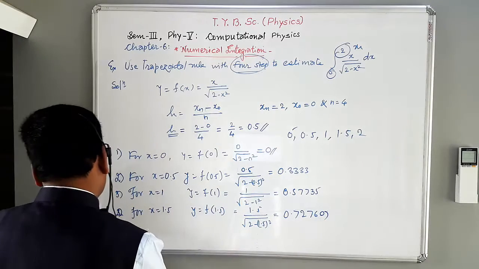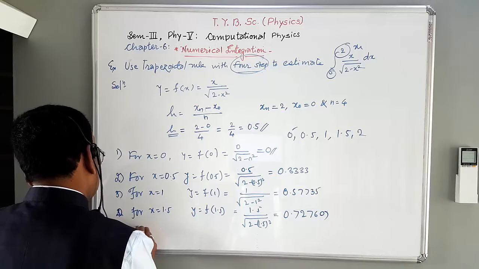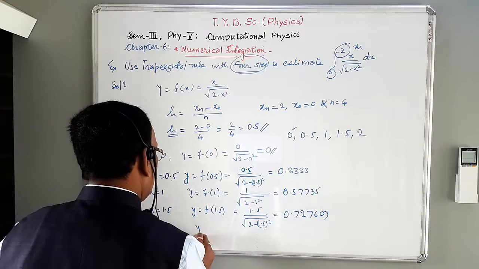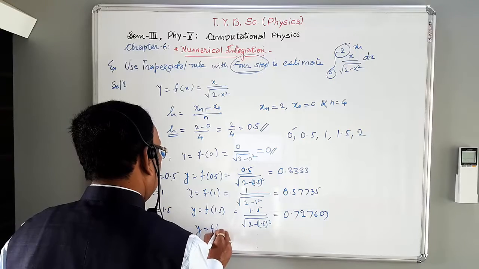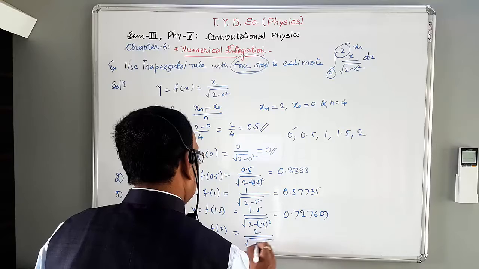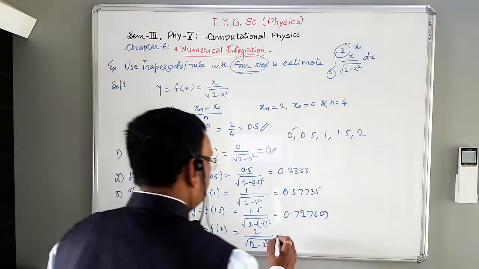And last, fifth, for x is equal to 2, then y is equal to f of 2 is simply 2 upon under root 2 minus 2 square.